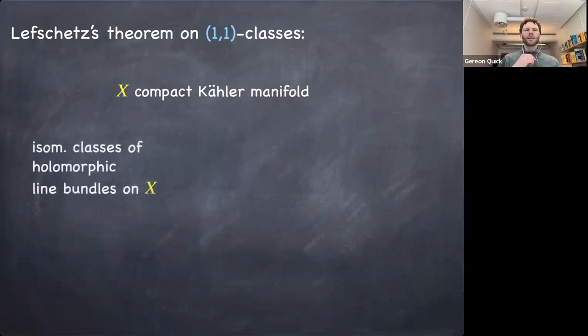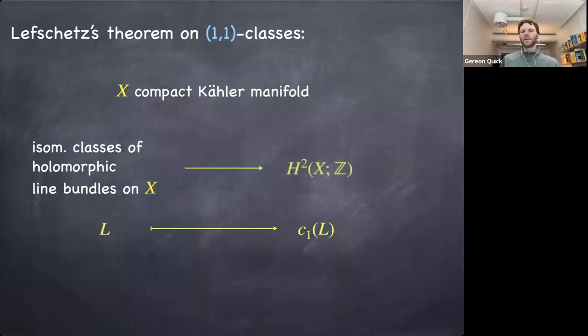We look at the set of isomorphism classes of holomorphic line bundles on X, and then we take a line bundle L, and if we send it to its first Chern class, this defines a homomorphism to the second integral cohomology group of X.